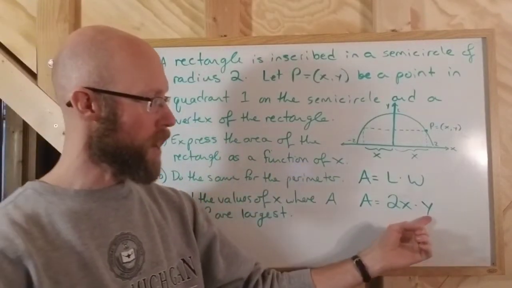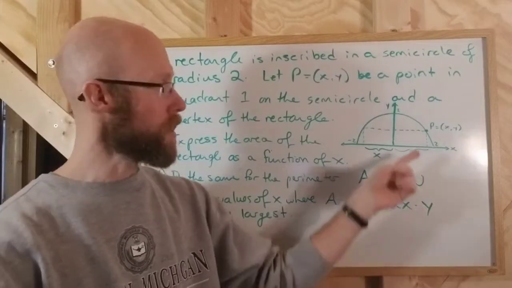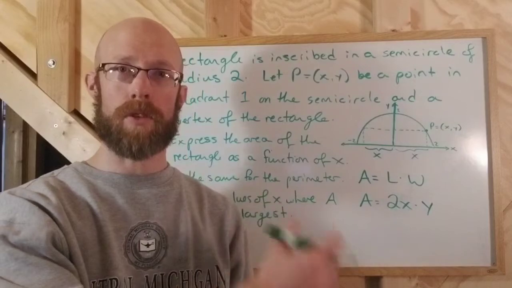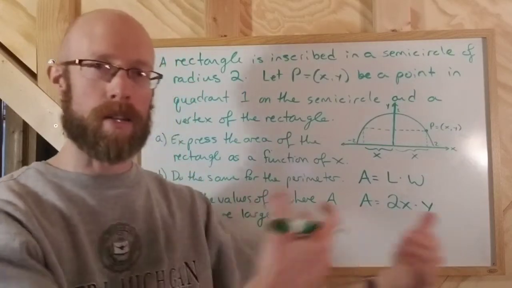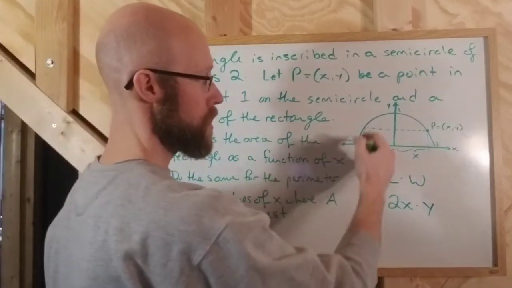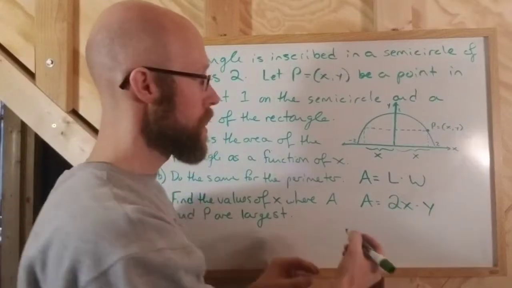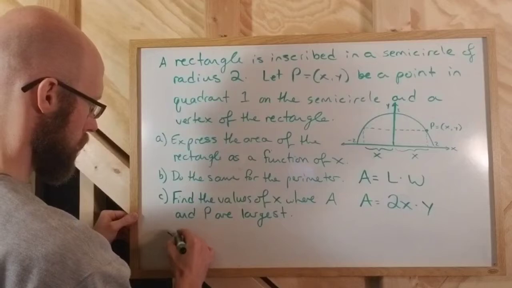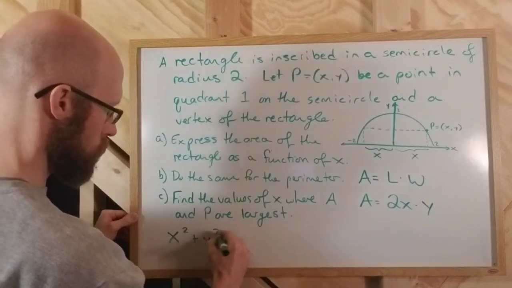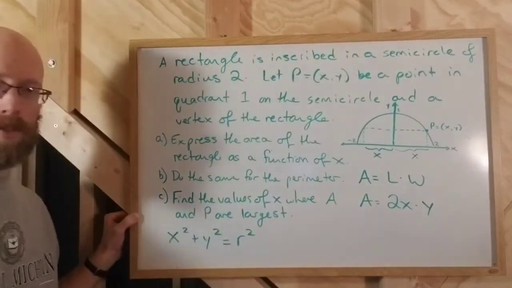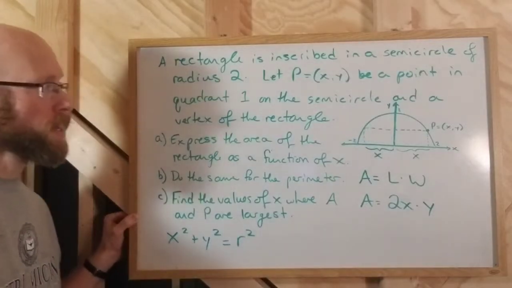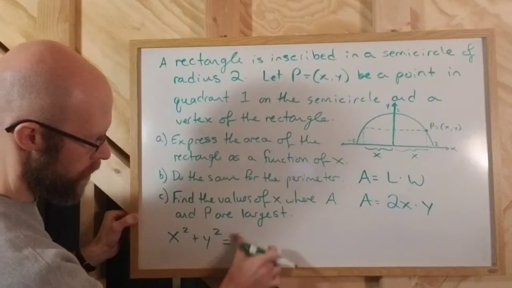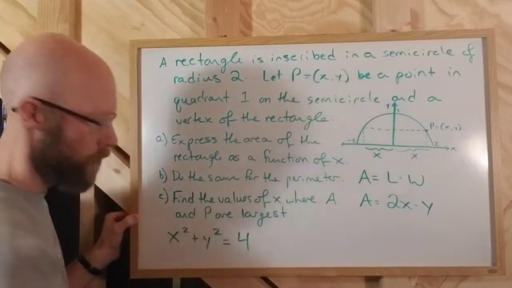Well, how do I get a y value to be a function of x? Well, I look at the semicircle and I have to come up with an equation for that semicircle, y in terms of x, right? Fortunately, the semicircle is a function, and we know the equation of a circle is x squared plus y squared equals r squared, as long as that circle is centered at the origin. Now this has a radius of 2, so my r squared is actually going to be 4.